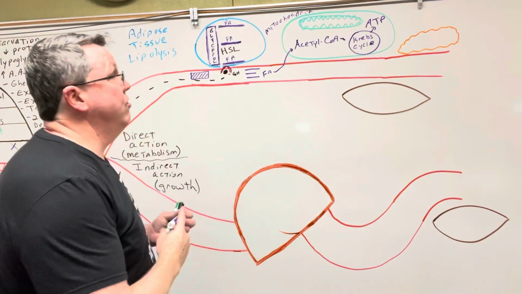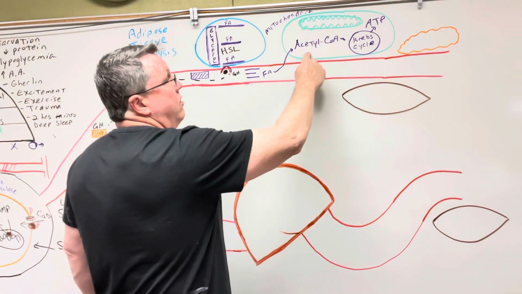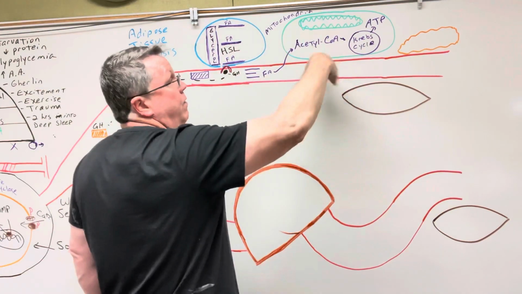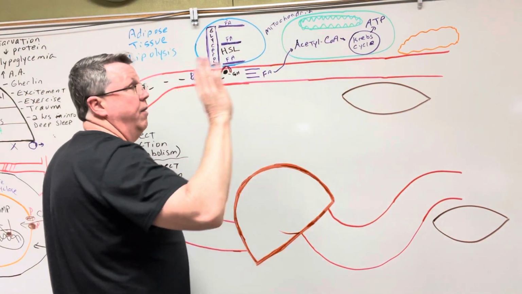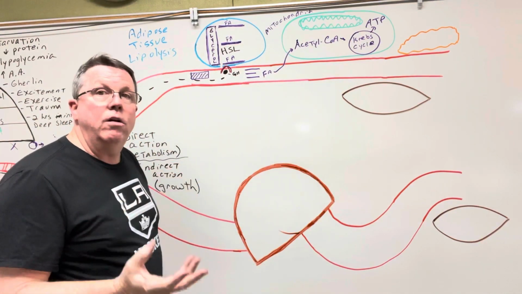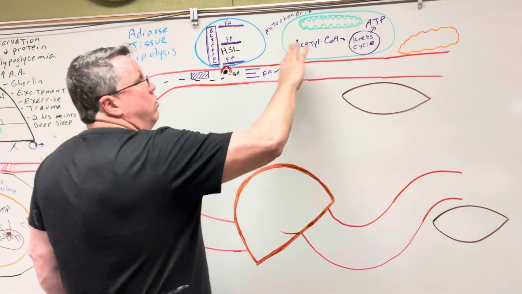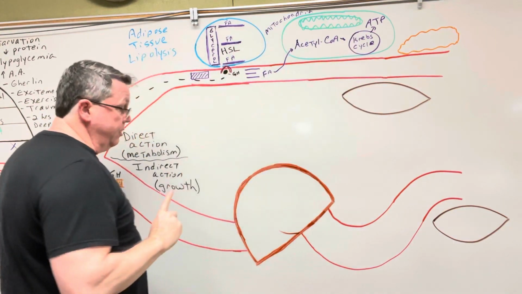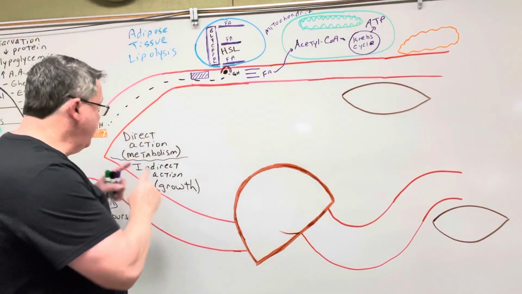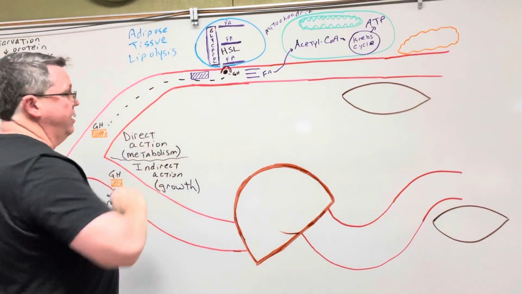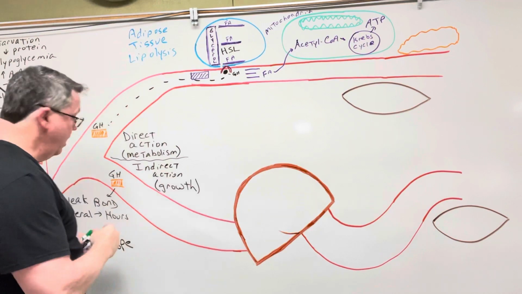So my fatty acids are oxidized to become acetyl coenzyme A, enter the Krebs cycle, and then go down the electron transport chain and all that. And then we're going to have ATP. So we're starting to use fatty acids to make ATP. But let's look at some more of what's going on, and we're going to talk about the indirect action real quick, and then we're going to come back to the metabolism portion, okay?